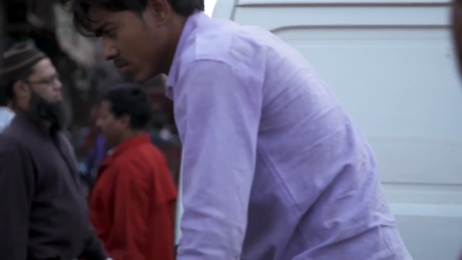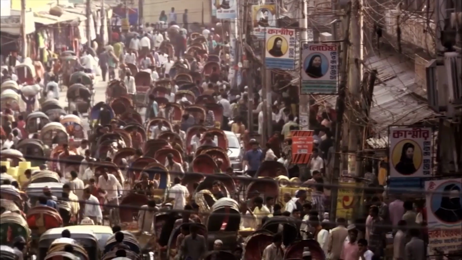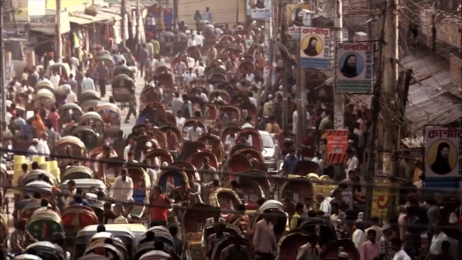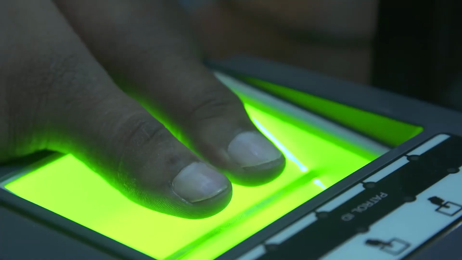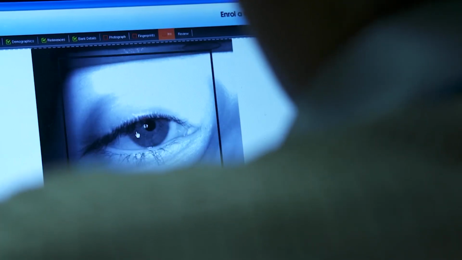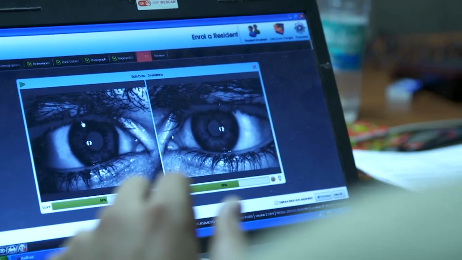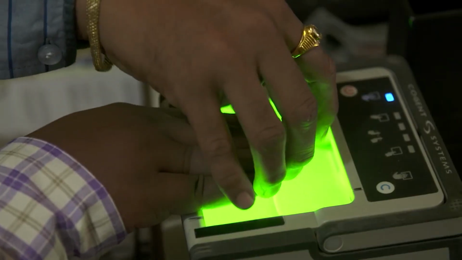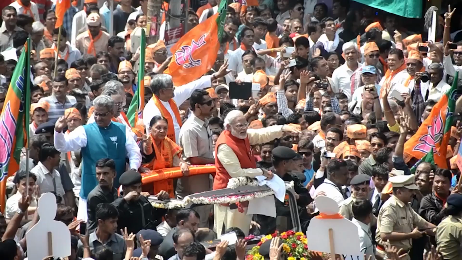The problem has not been about not having money to spend, but it's about the money not going to the place where it needs to be spent. In an effort to counter fraud and corruption, India embraces a plan to digitally register all its 1.2 billion citizens. Getting on board at 1.2 billion population with complexities of retina scan, fingerprint scan, in all the possible remote corners of India, it's a humongous challenge.